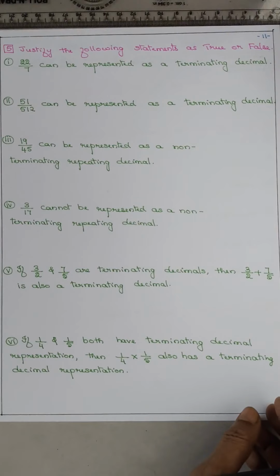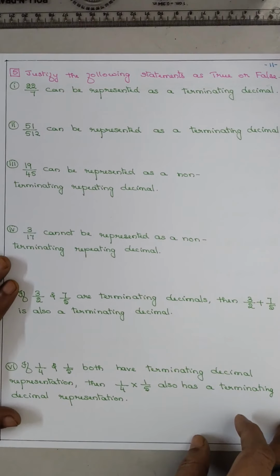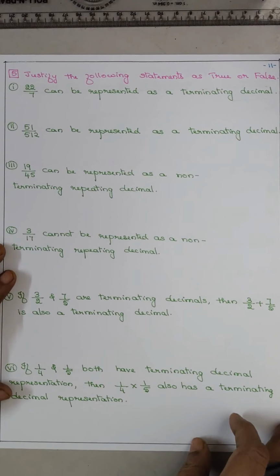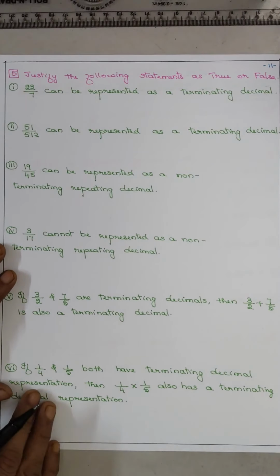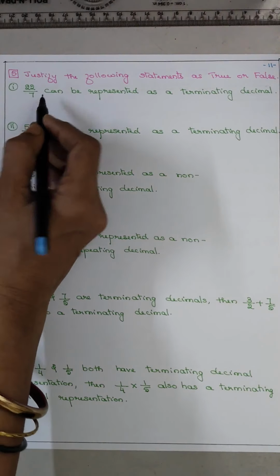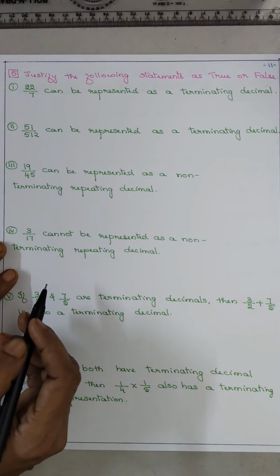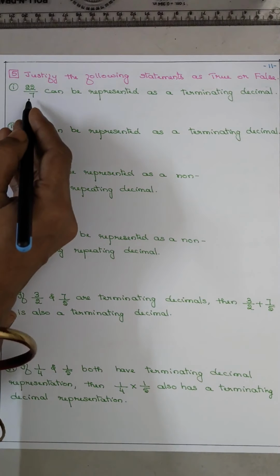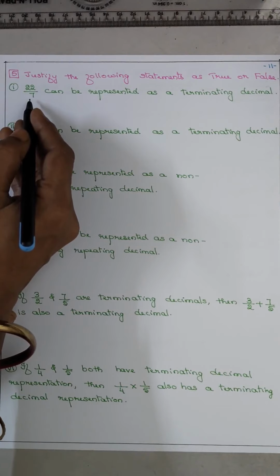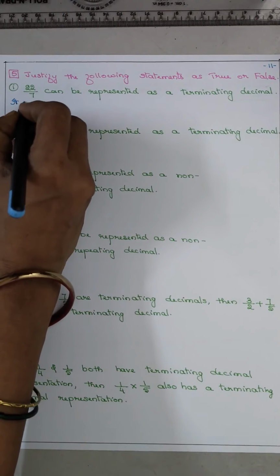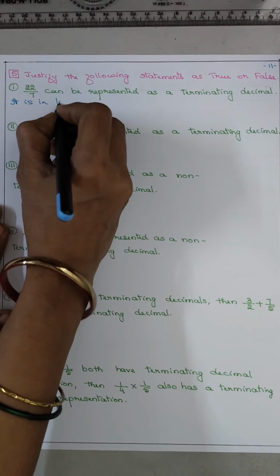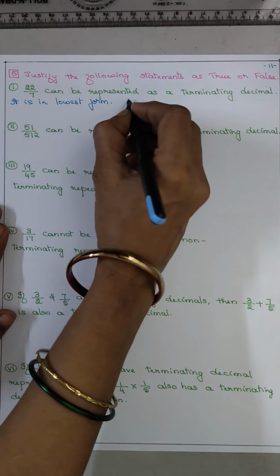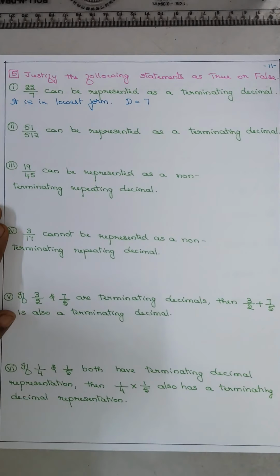Now coming to question number 5, it is true or false and justify, which means say why it is true or false. 22 by 7 can be represented as a terminating decimal. First, it is in the lowest form and the denominator is 7.